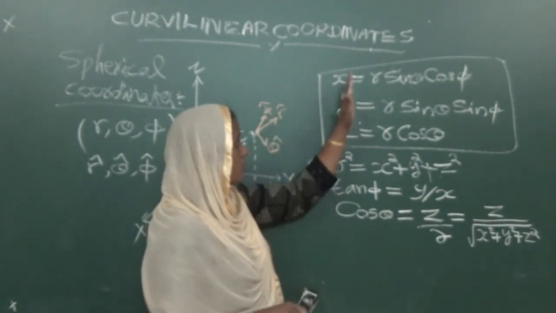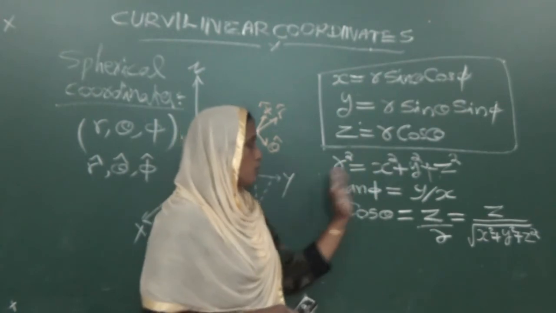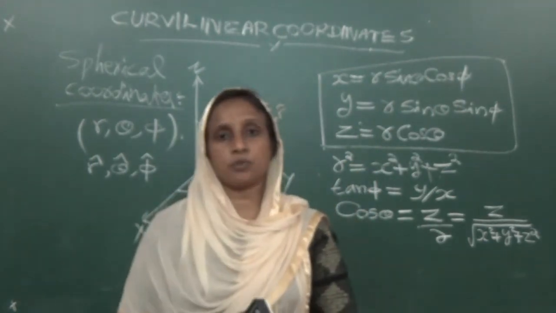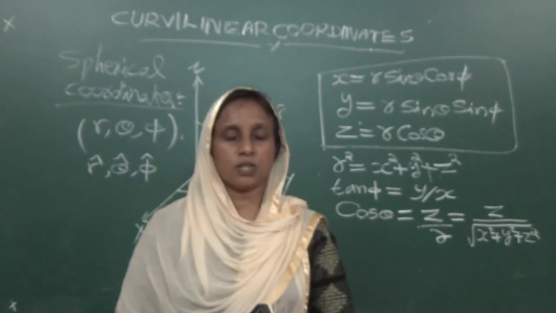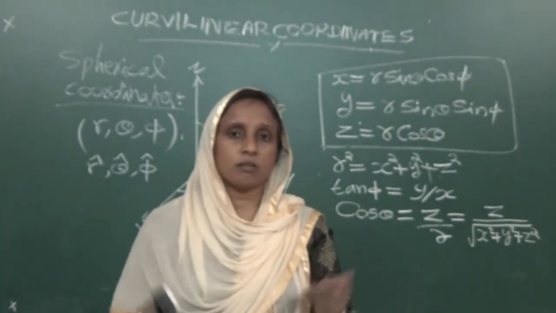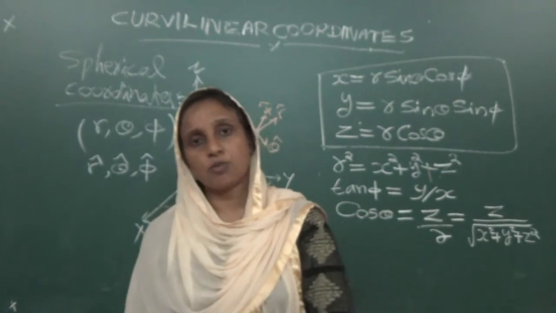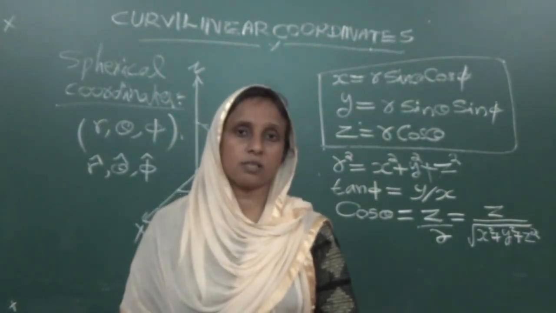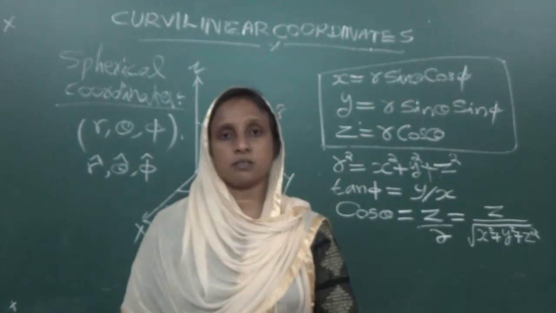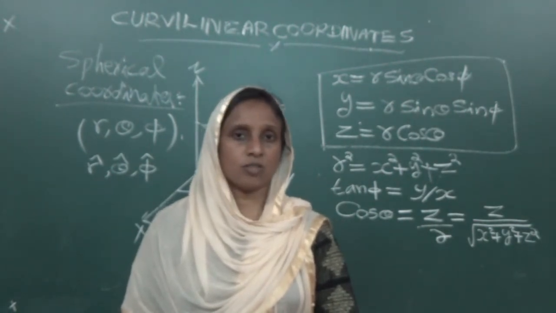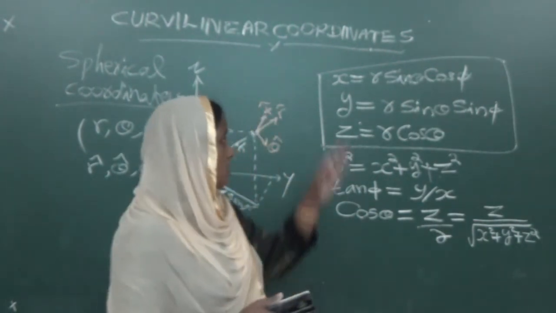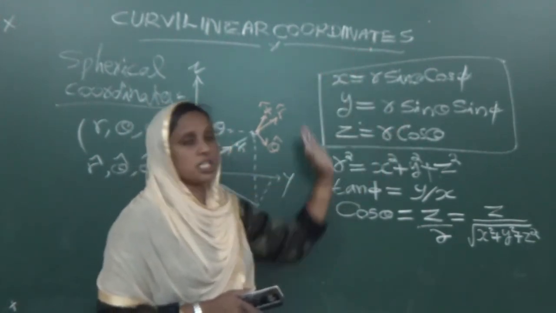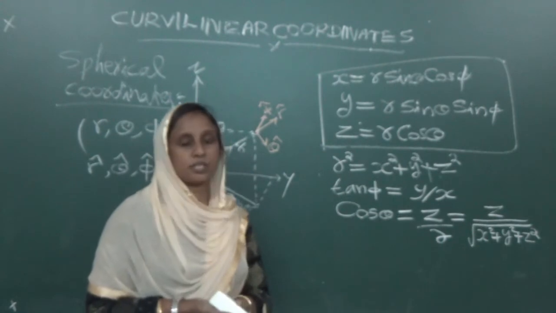Okay, either you can use this expression or this expression to convert the coordinate system mutually. If you know the components in a Cartesian system, you can find out corresponding components in spherical polar system and vice versa. Okay, these are the relations between Cartesian system and spherical coordinate system.